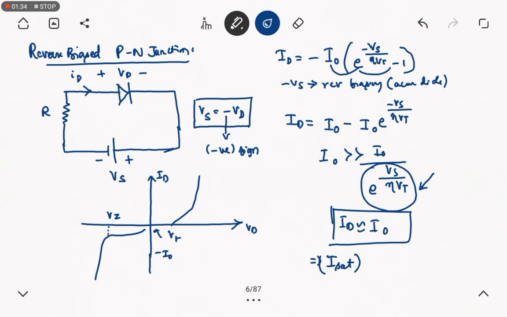Though it is independent of the reverse biasing voltage, it doubles for every 10 degree rise in temperature. I am speaking with respect to silicon and germanium diodes.